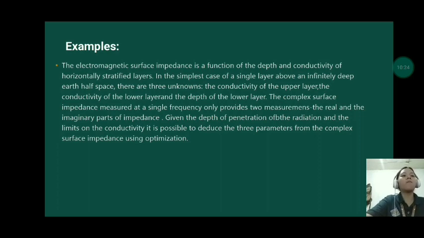The complex surface impedance measured at a single frequency only provides two measurements: the real and imaginary parts of impedance. Given the depth of penetration of the radiation and the limits on the conductivity, it is possible to recover the three parameters from the complex surface impedance using optimization.